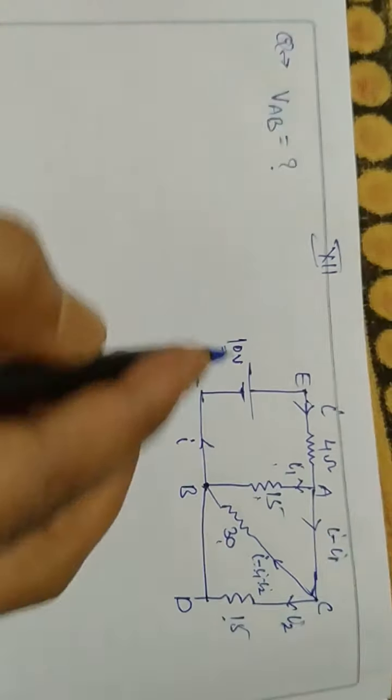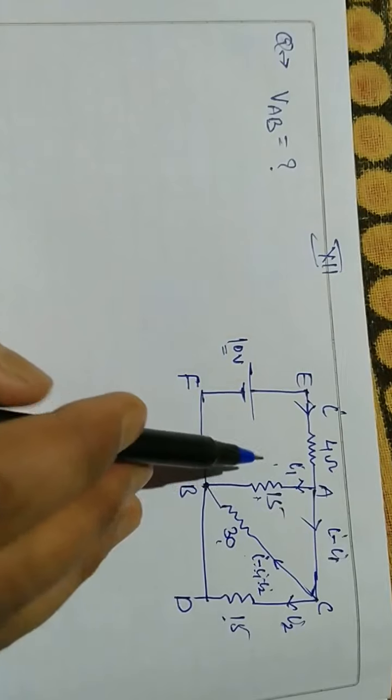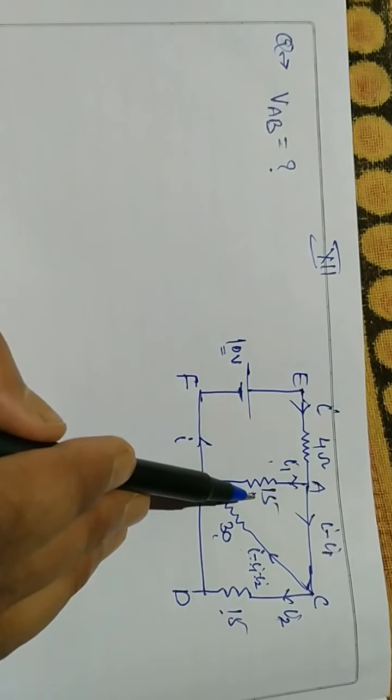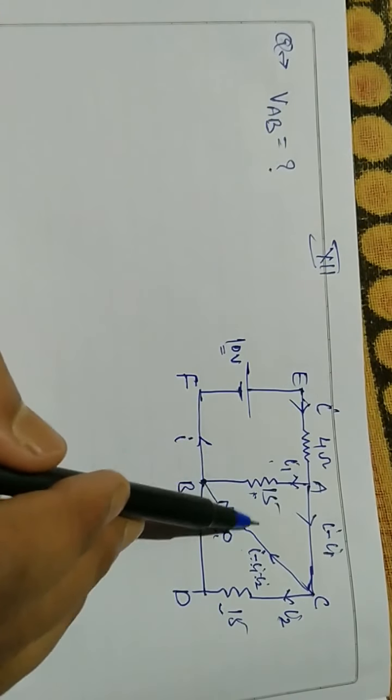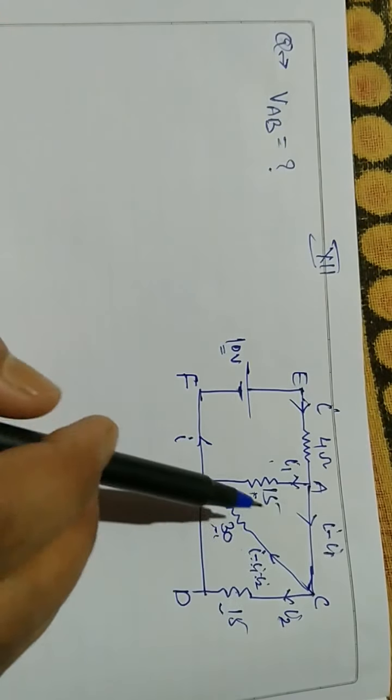equivalent resistance. Okay, so in this diagram you can see this 15 ohm, this 30 ohm and this 15 ohm are a parallel combination. Why?